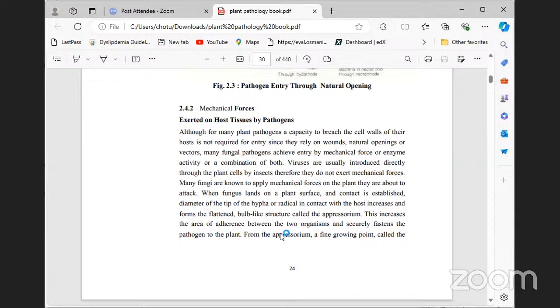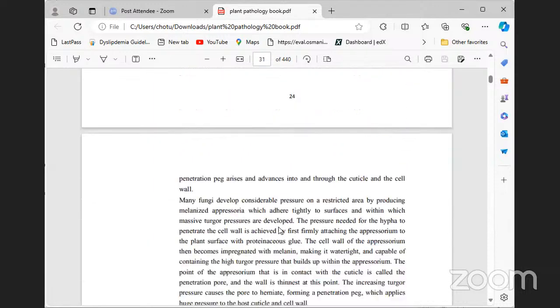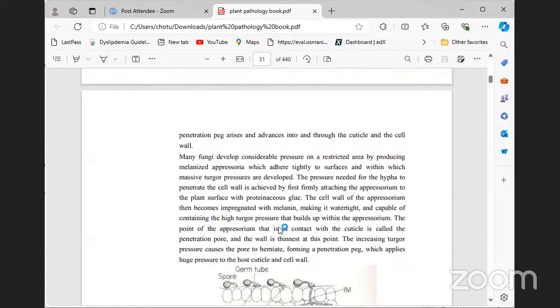From the appressorium, a fine growing point called the penetration peg arises and advances into and through the cuticle and the cell wall.